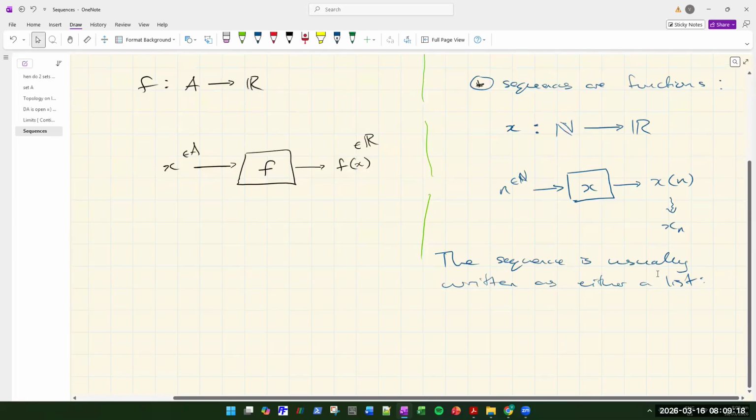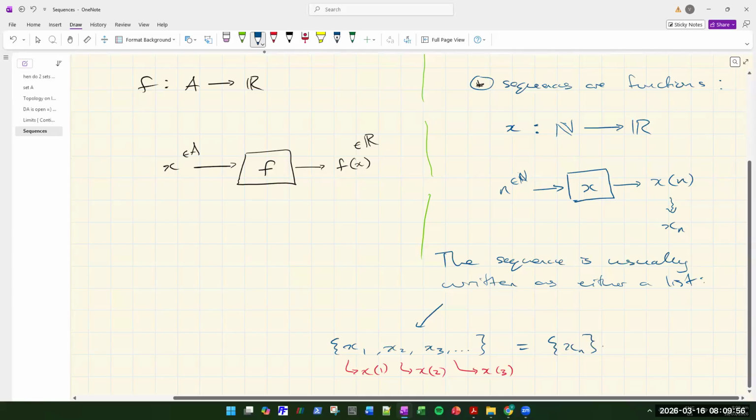So usually we will write the sequence as a list, for example, I list out all the elements. When I write x1, x2, x3, and so on, you all now know what that is. x1 is simply the value that I get from my sequence when I plug 1 in. x2 is simply the value of my sequence I get when I plug 2 in, and so on.